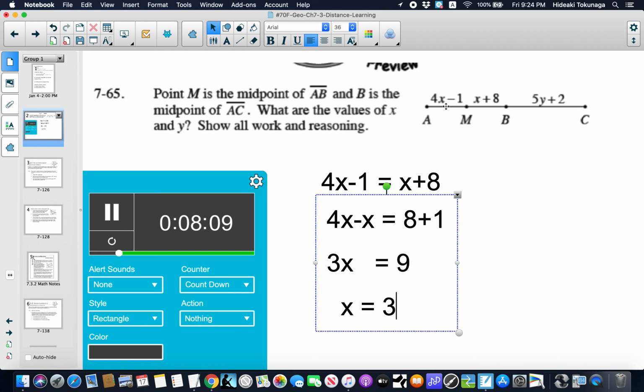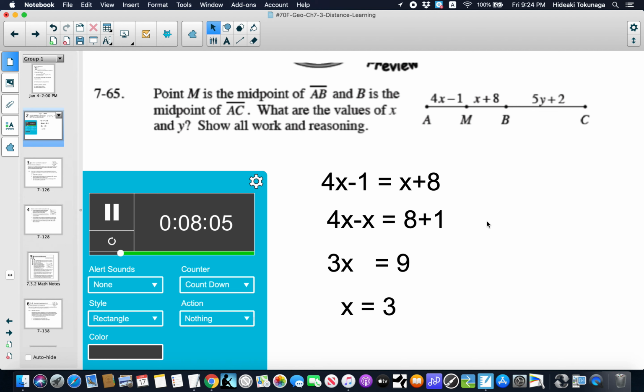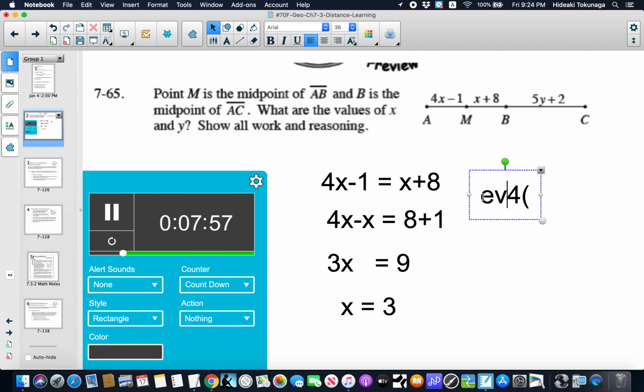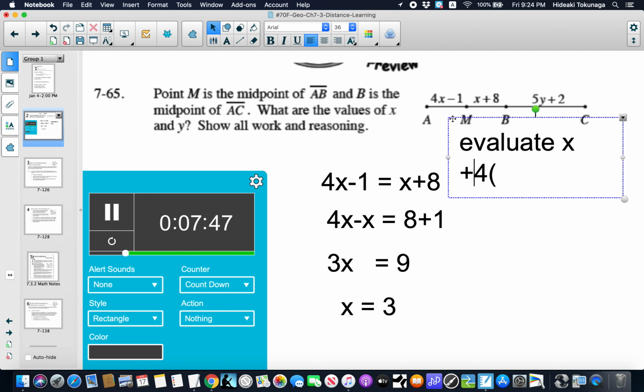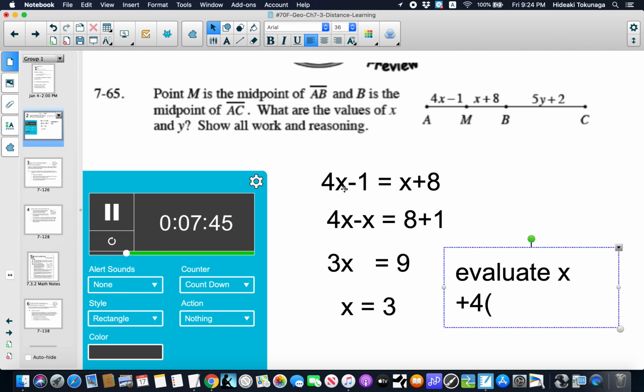So plug in 3 here. 4x is 12. Let's plug in. Let me write down here, evaluate x equals 3 in this equation. Oh, sorry, maybe I need more room.